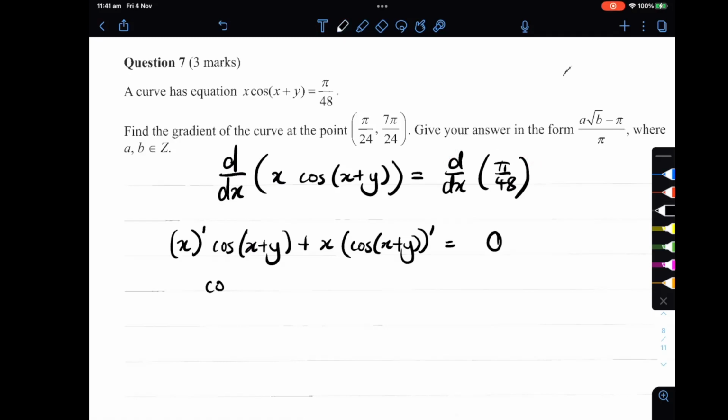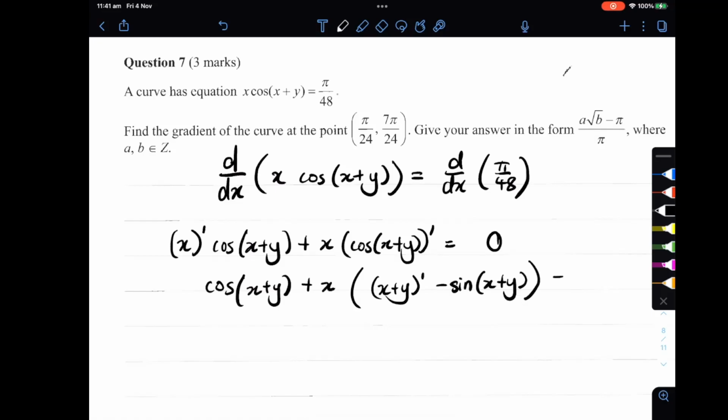So we're going to get cosine of x plus y plus x times the derivative. Remember, if we were to derive a cosine function, it switches to negative sign. And we also bring this thing out the front here. We bring the derivative out the front by the chain rule. So we're going to get x plus y dashed times negative sine of x plus y.